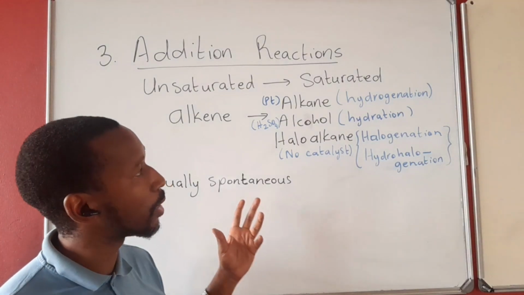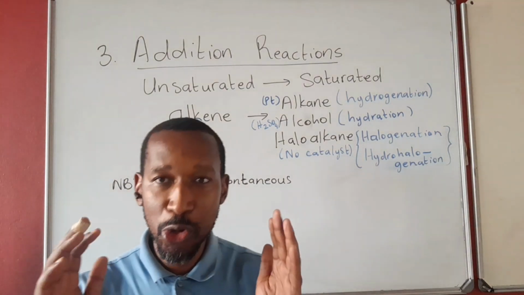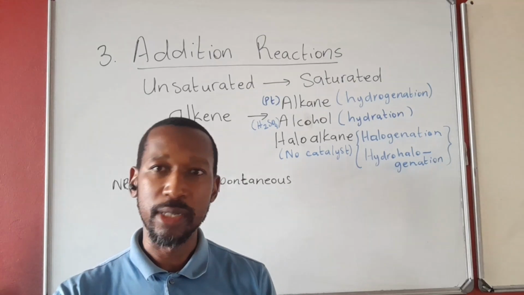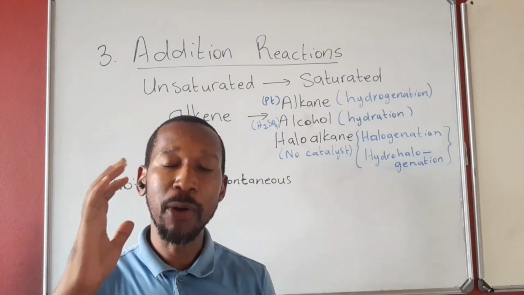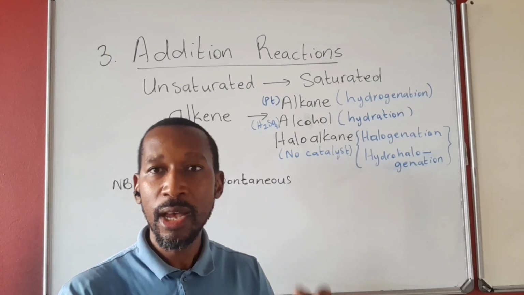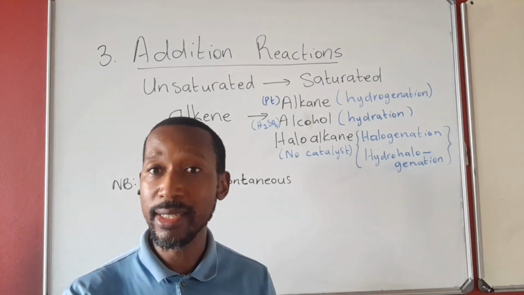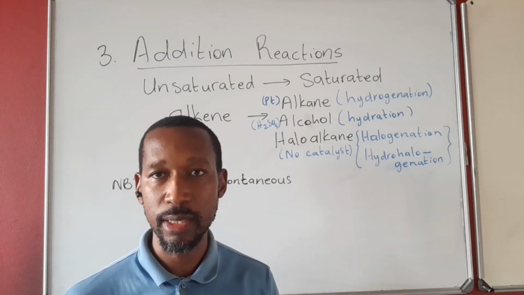Now, these are the compounds we have and the main reactions. So as you can see, if you know your saturated and unsaturated: substitution, saturated to saturated. Elimination, from our saturated state, we take out things and become unsaturated for that compound. That would be elimination. It requires catalyst quite a lot because it's not a natural occurrence and it's non-spontaneous.